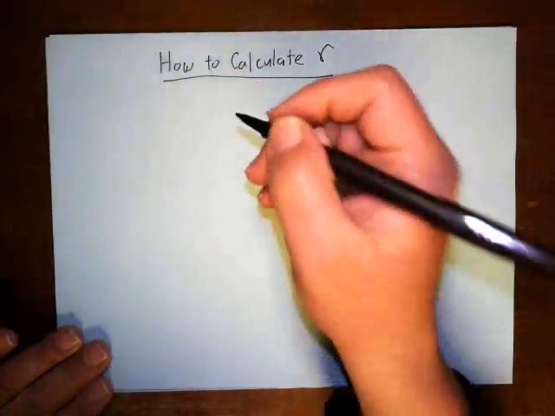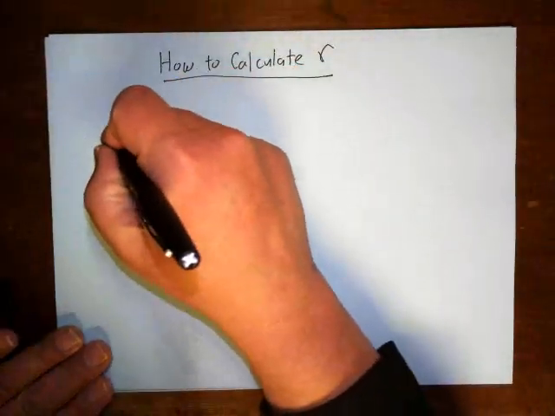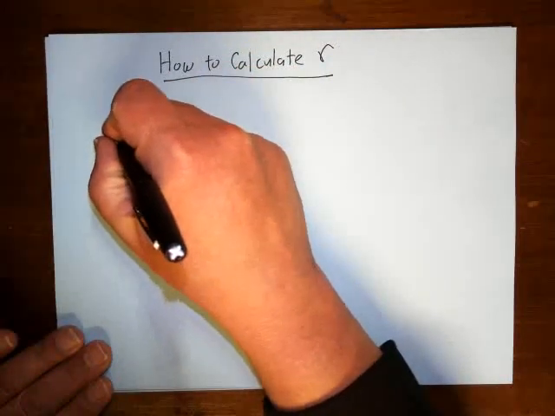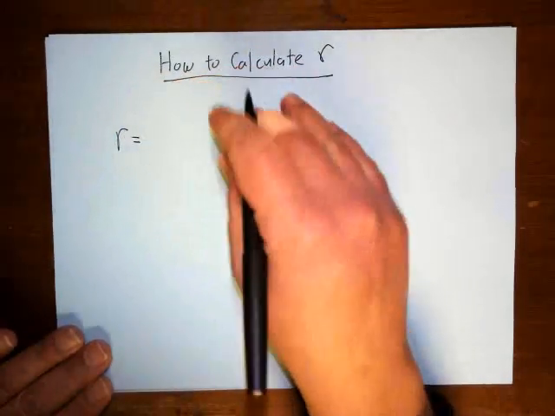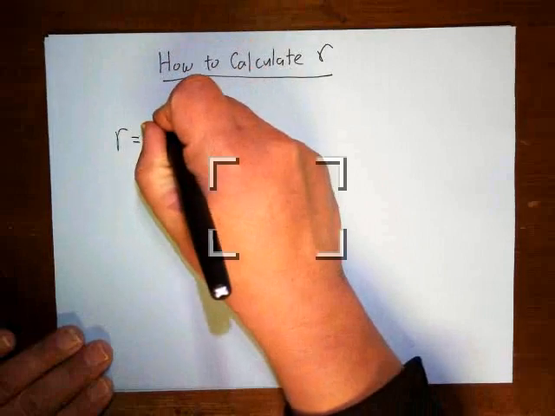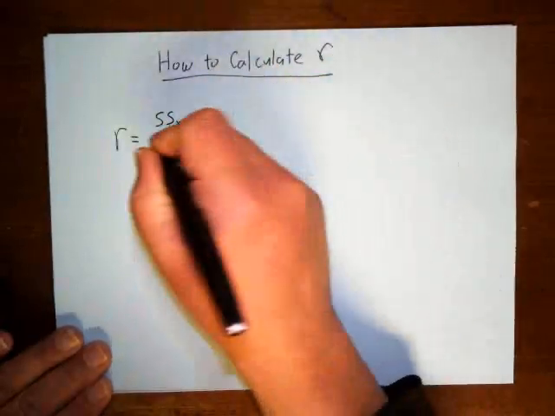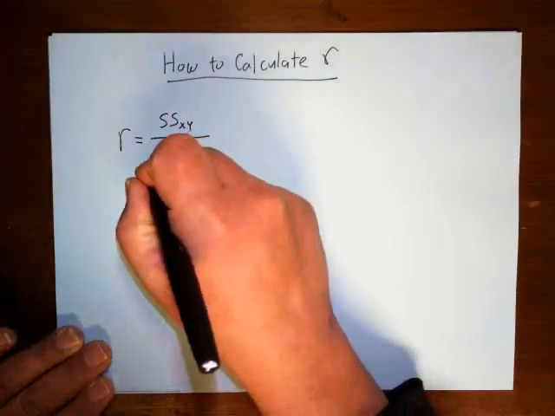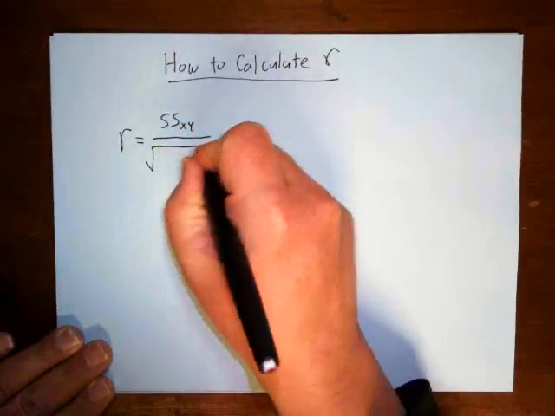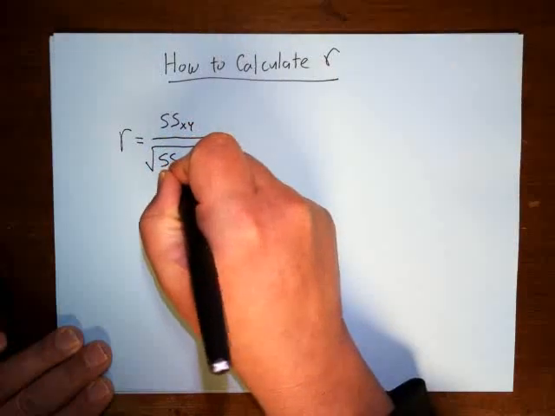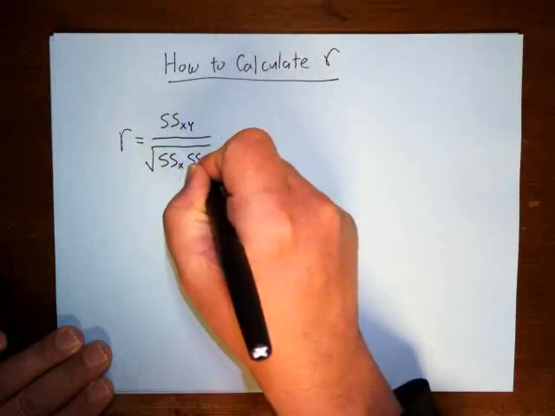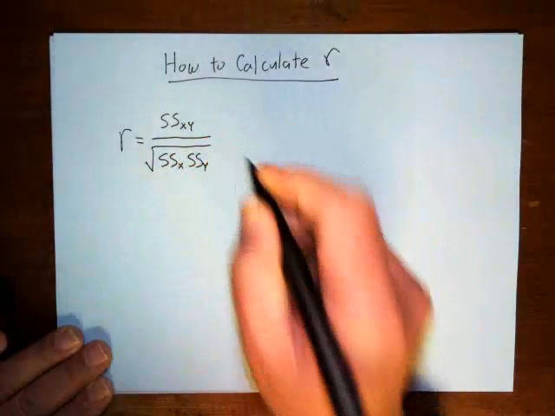So basically, the way that we're going to calculate it here is that R is just going to equal something called SSXY divided by the square root of SSX times SSY.